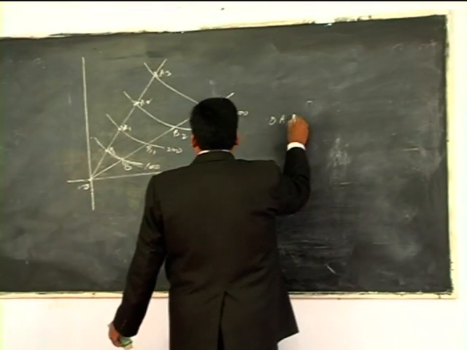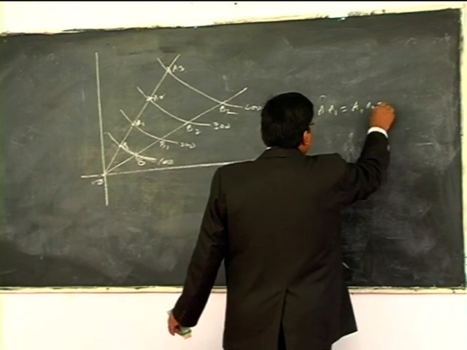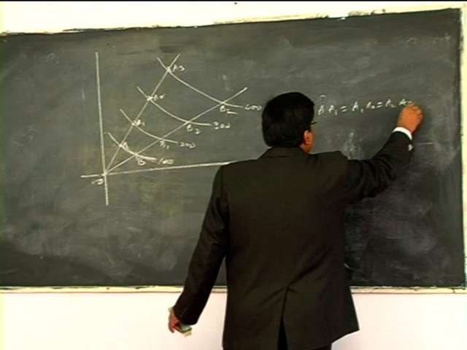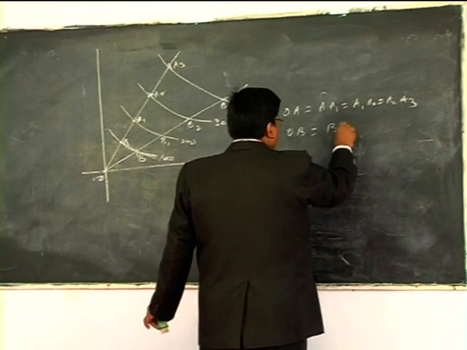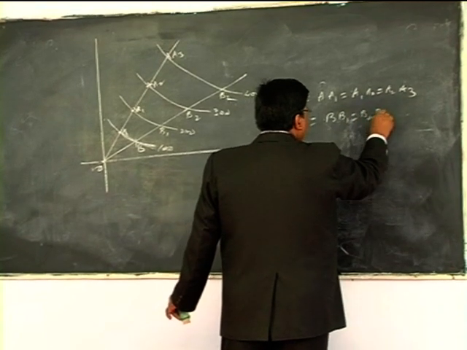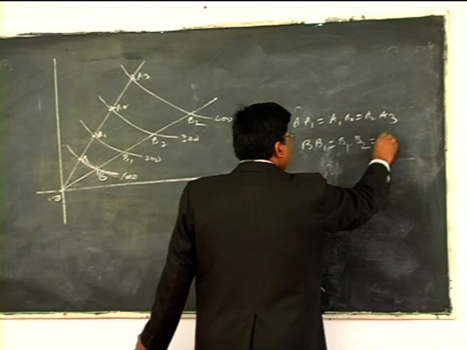OA is equal to A1, is equal to A1A2, is equal to A2A3. Or OB is equal to B1, B1B2 is equal to B2B3.